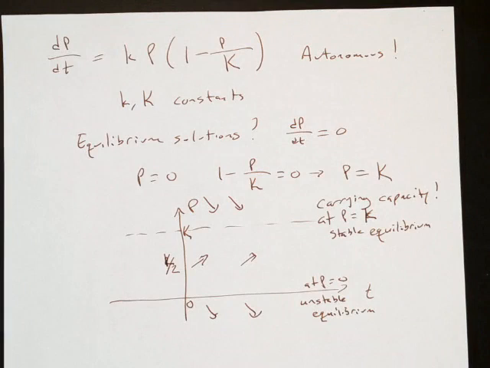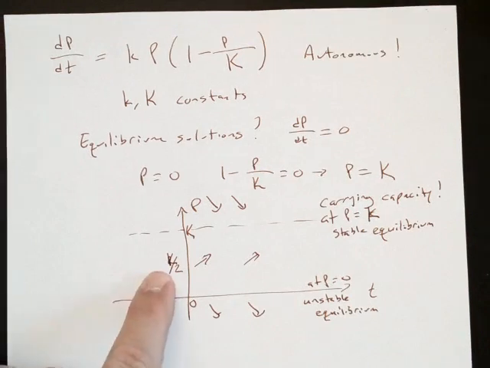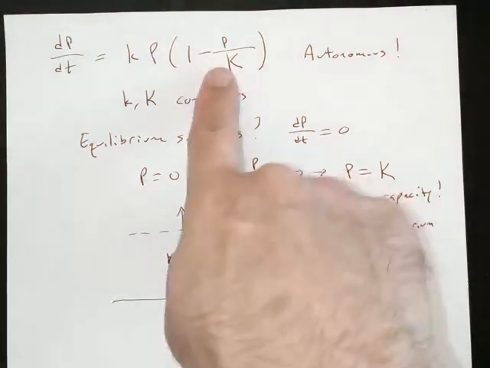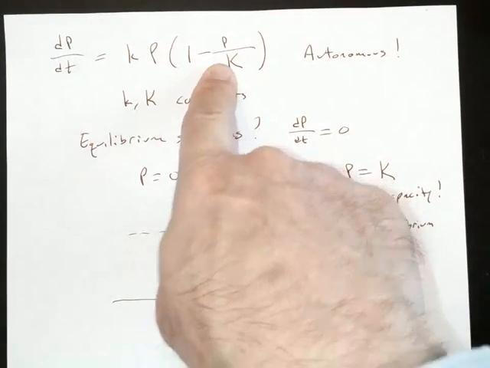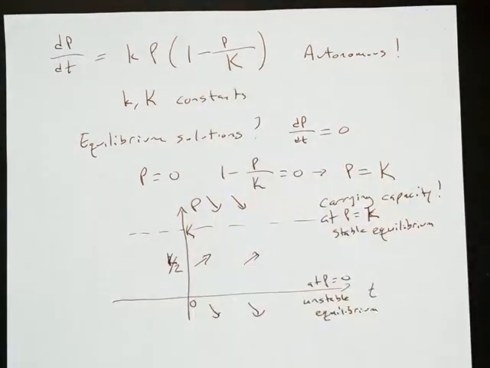Now, we could actually do that by taking the derivative here and using the chain rule. It's a long, painful calculation. I don't think it's worthwhile, but I guarantee you that the inflection point on any solution curve happens halfway between those two equilibria.